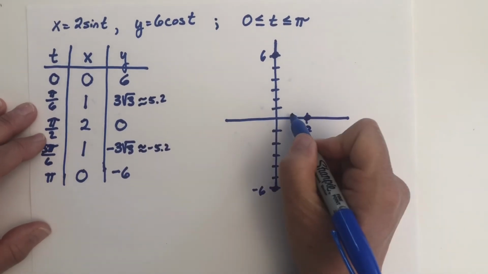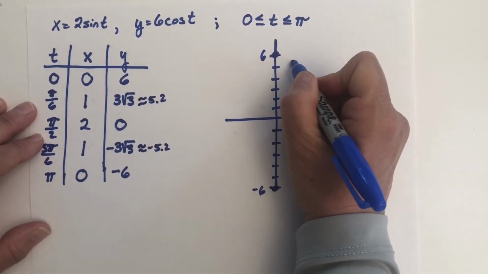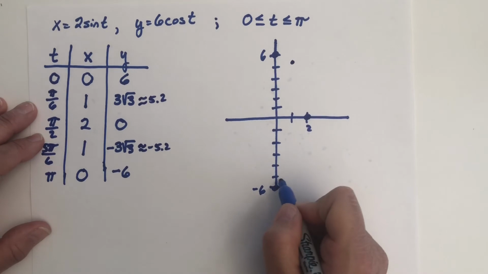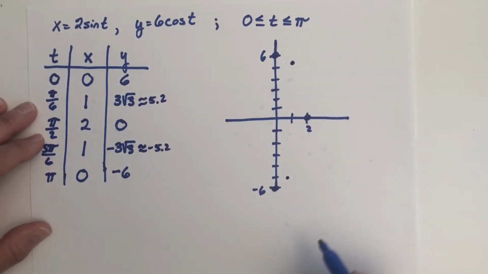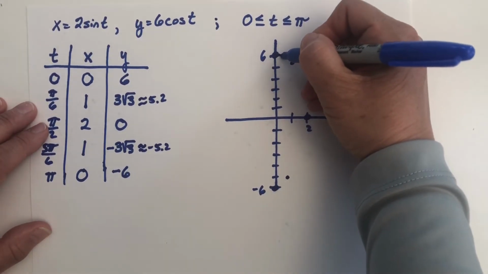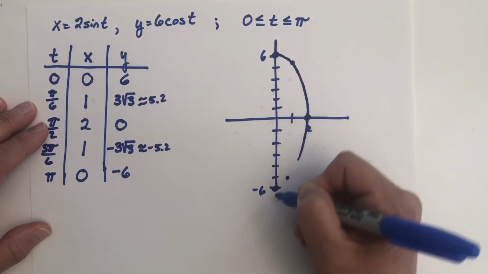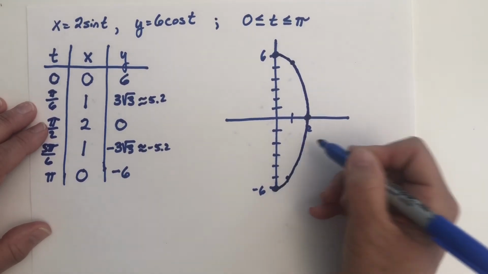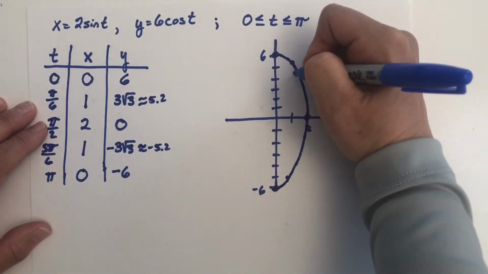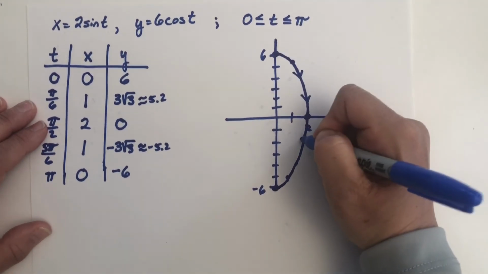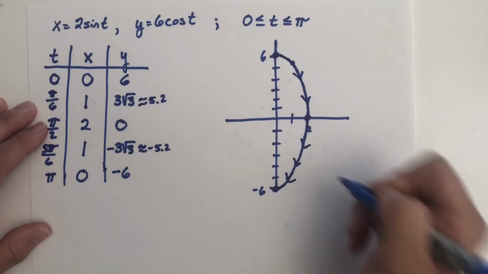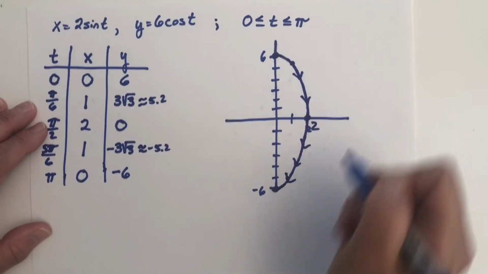So at 1, we're at about 5.2. So here, similarly here. So it seems to look something like this. And you could confirm by plotting other points, with our orientation being this direction. And this is 2 right there.